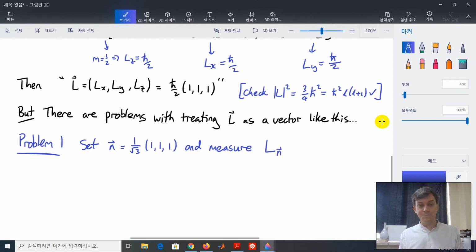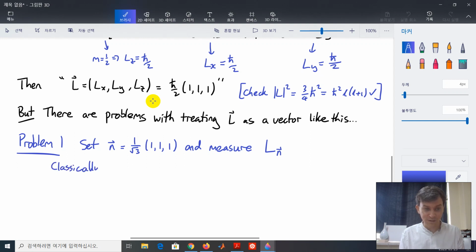Then clearly the classical explanation is that, because L is pointing in exactly this direction, we should get the full value of angular momentum.